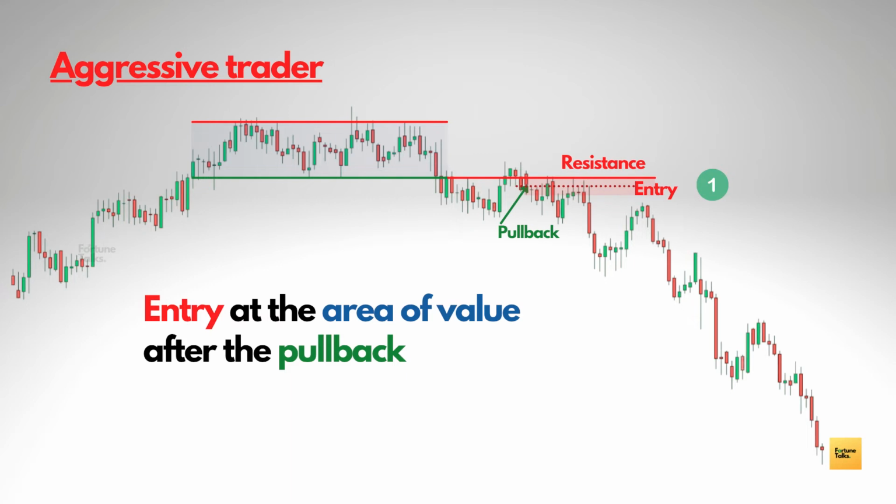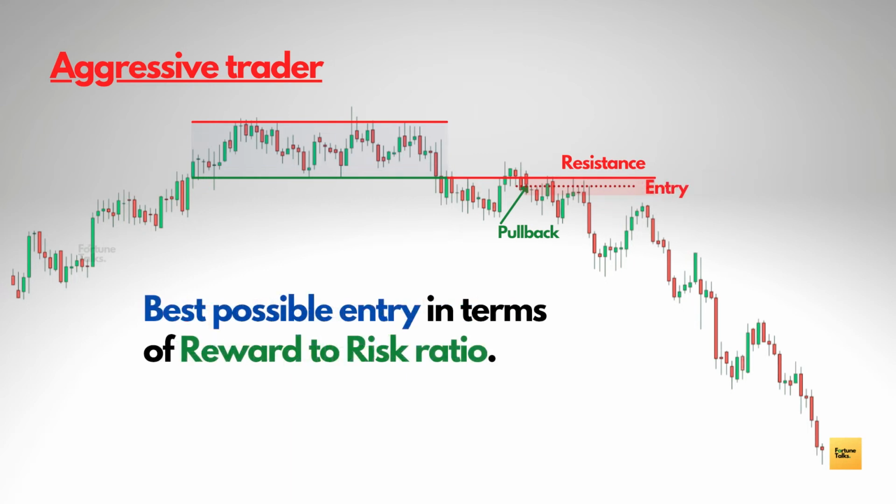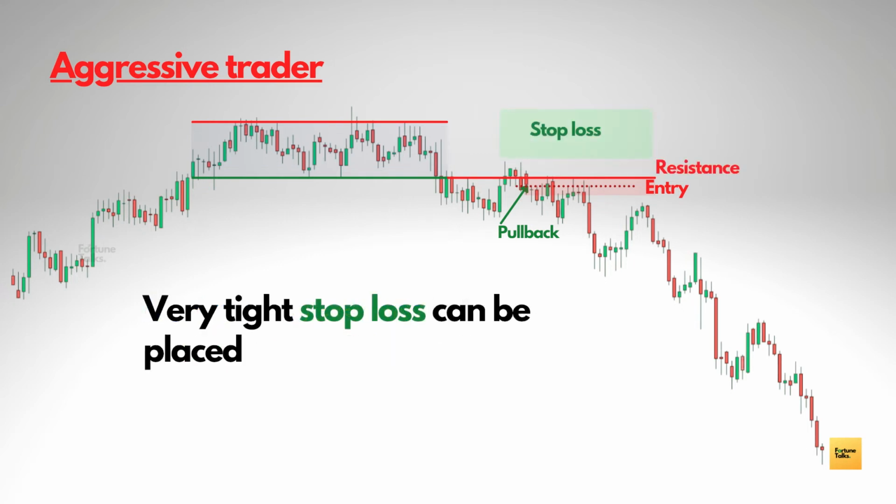Now there are a few more points that you need to consider when choosing such an approach. Using an aggressive trade entry, you may be able to enter at the best possible prices, as this point can often mark the extreme point of the correction wave and the pullback phase. So the potential reward to risk ratio is highest following such an approach because the stop loss can be placed very tightly.